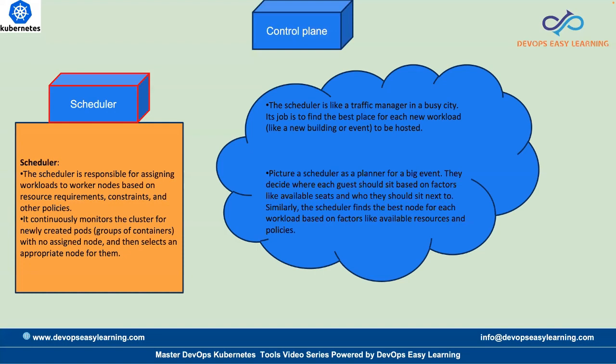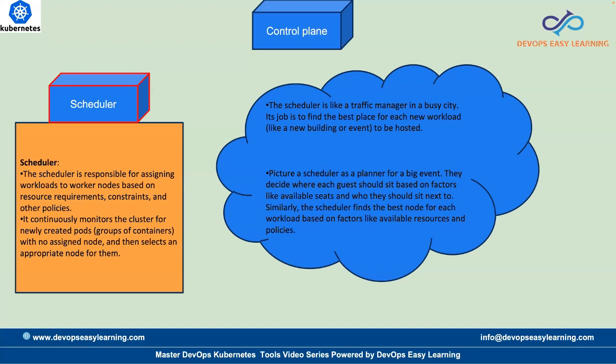Imagine you have a big event with a lot of people and a master planner, or event planner, who decides where guests are going to sit. We may have VIP guests, first class guests, second class guests, third class guests. The event planner decides where they will sit. That's just how the scheduler is.